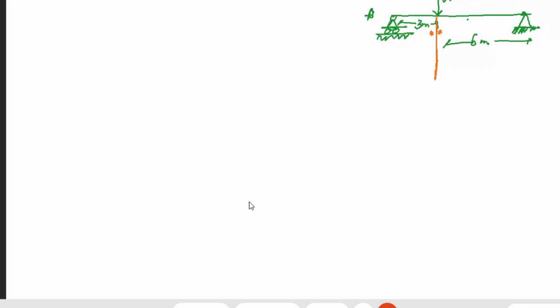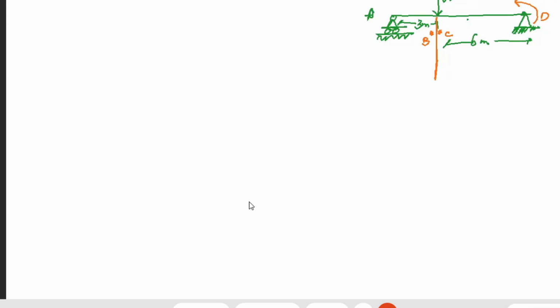Let's say this is A, this is B, C, and D. Again, you will have to choose one side of it. You need not choose two sides. And one more thing, there is a movement here, 9 kilonewton meter at point D.